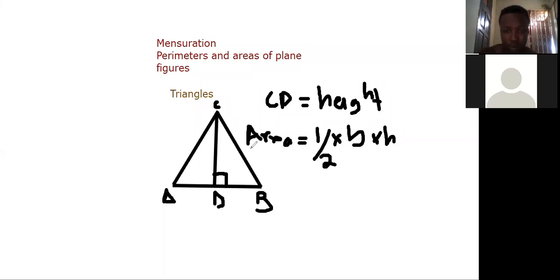Now, if you want to find the perimeter, you add the distance here, plus the distance here, and plus the distance here. Anytime you talk about perimeter, you're talking about the total distance around any plane figure.